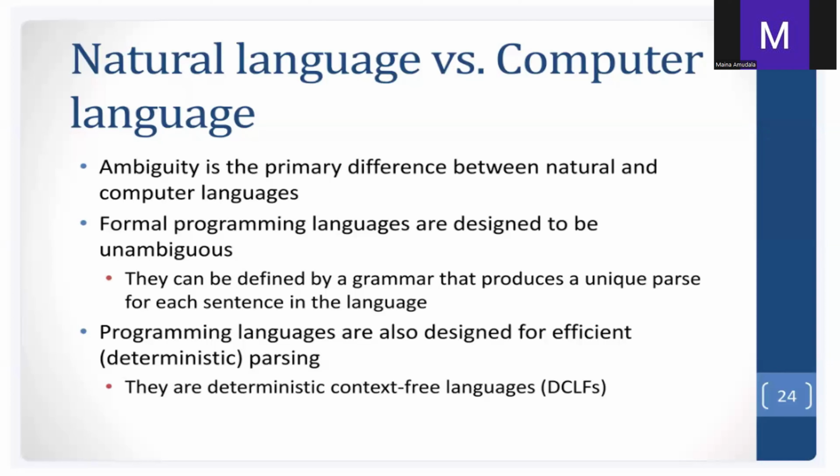Context: natural language relies heavily on context, while computer language relies on explicit definitions. And the purpose: natural language is for human communication, and computer language is for machine processing.